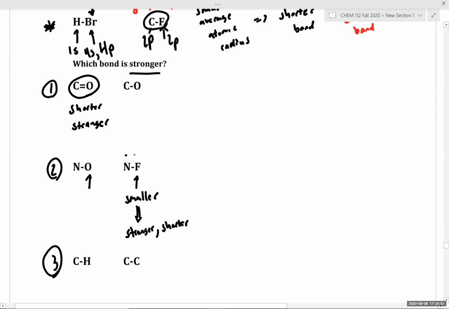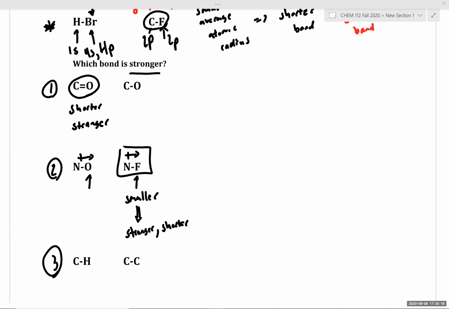You can also invoke a little bit of the polarity argument because fluorine is a more electronegative atom. It would have a greater bond dipole. Does this example make sense? Did that address the question in the chat?